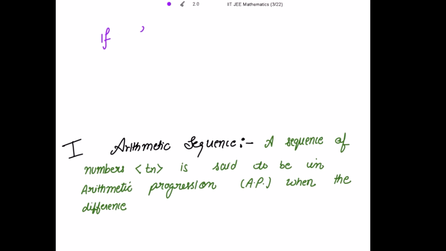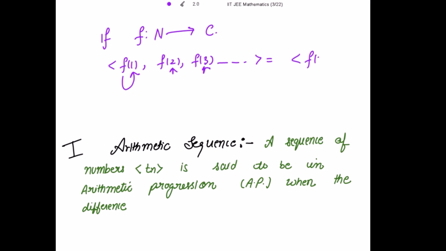then we say that the sequence is the complex sequence. Suppose I am having a function from the set of natural numbers to the set of complex numbers. We usually denote it by f1, f2, f3, and so on, which is the value of the function at the points 1, 2, 3, that gives the value equal to fn.